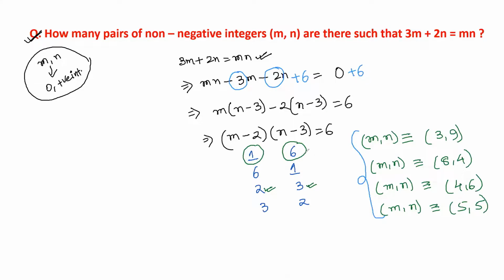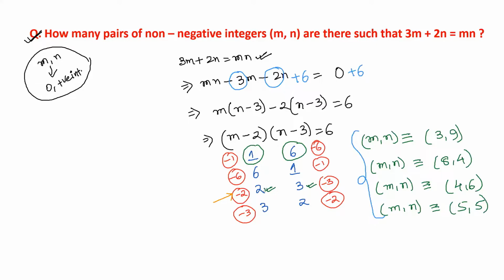But we can consider the negative factors of 6 as well. For example, m minus 2 can be -1, n minus 3 can be -6; or m minus 2 can be -6, n minus 3 can be -1; or m minus 2 can be -2, n minus 3 can be -3; or m minus 2 can be -3 and n minus 3 can be -2. But except for the third case, the other 3 cases won't be possible, because at least one of m or n would be negative.